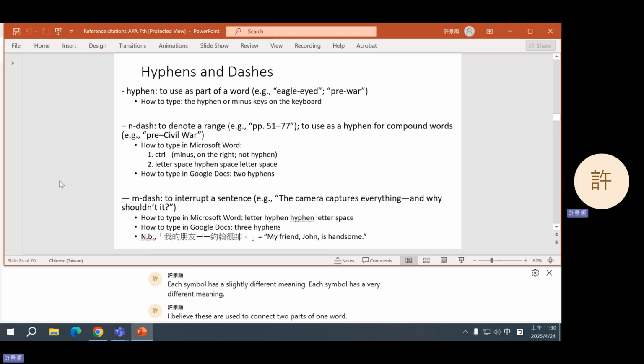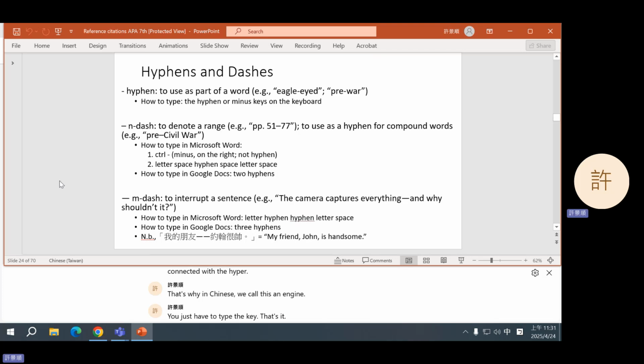So, for example, eagle-eyed in Chinese, 鹰眼, which means that they have very good vision. Or pre-war, 战前. Eagle-eyed is one word. Pre-war is one word, but there are 2 parts. And these 2 parts are connected with a hyphen. That's why in Chinese we call this 连接号. And you just have to type the key, that's it.